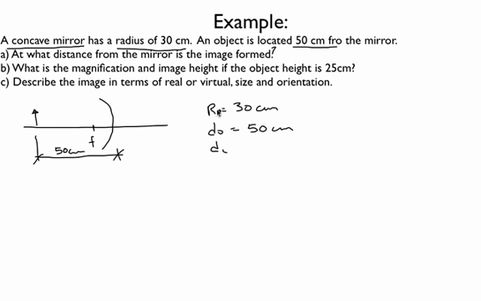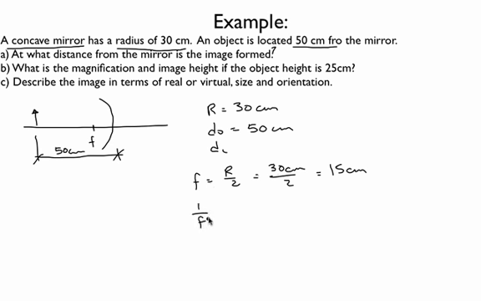So right off the bat we can find our focal length. Our focal length is going to be equal to R over 2, which is 30 centimeters divided by 2, which is 15 centimeters. So now we can go through and find our image distance.